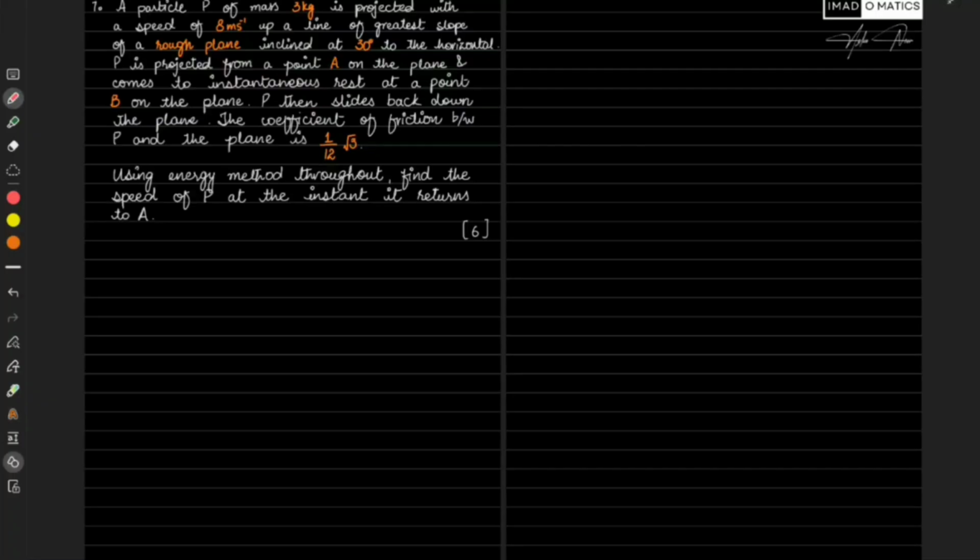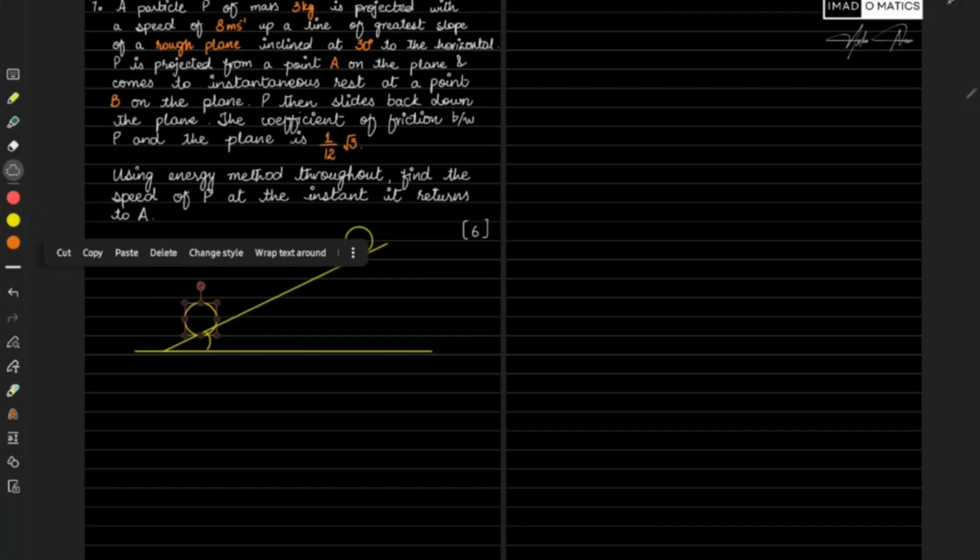So first we need to understand it visually. What is this telling us? We have an inclined plane of 30 degrees to the horizontal. And what do we have further? We have a ball of mass 3 kg that is projected with a speed of 8 meters per second.